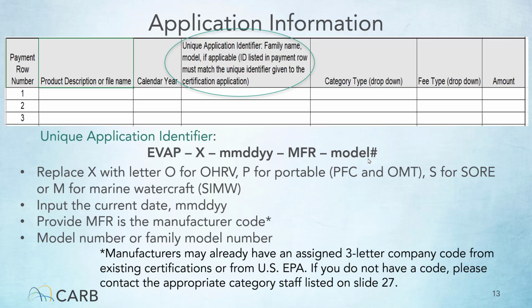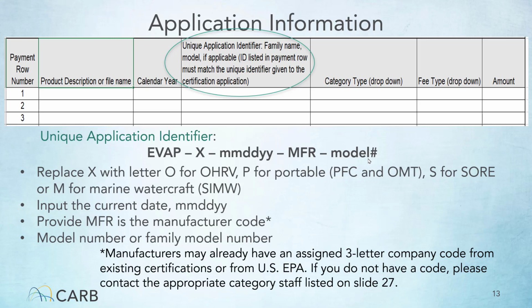The next identifier section is the current date, which should be entered in a 6-digit month, day, year format. The next section shown as MFR should be replaced with the manufacturer's 3-letter code. This is the company code from previous evaporative certifications or from the US EPA.